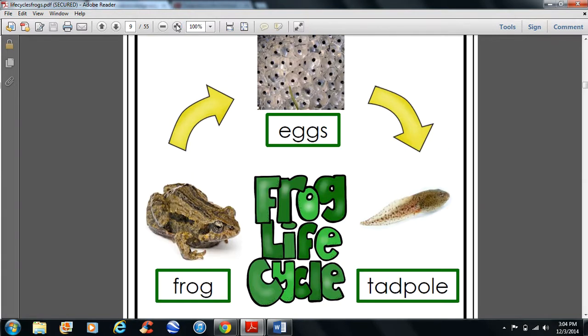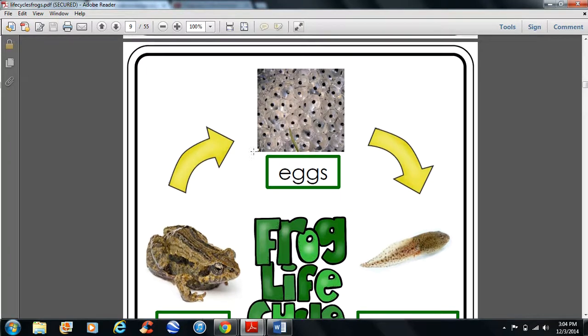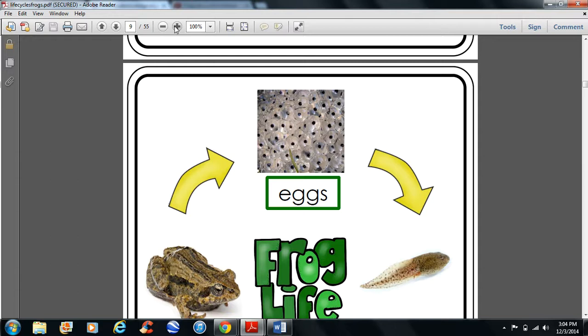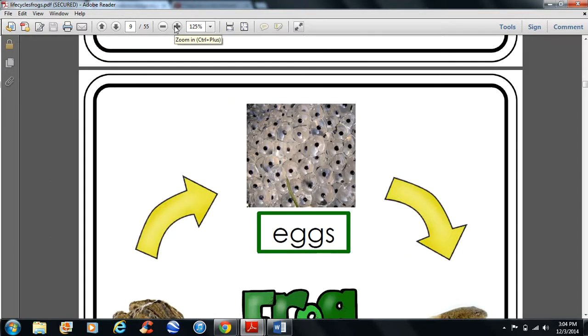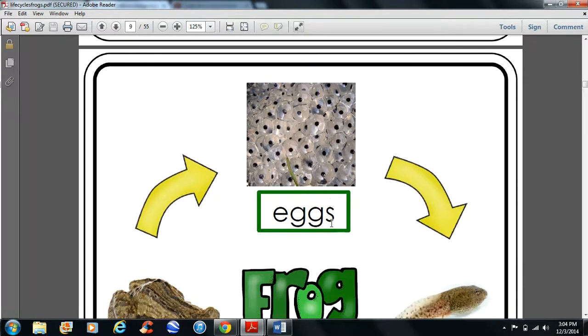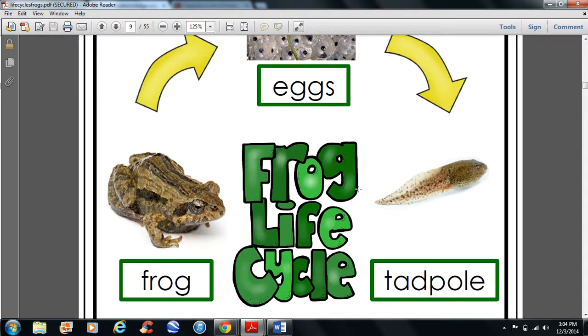Remember, we had talked about how frog eggs were a mass of fertilized eggs surrounded by a jelly substance. Here is our mass of eggs. A frog can lay hundreds of eggs at one time. They all stick together, and they feel like jelly. After the frogs grow, they turn into a tadpole, as we can see here, and as we have seen in our aquarium. There is a tadpole.